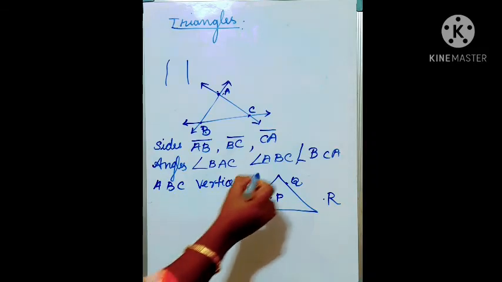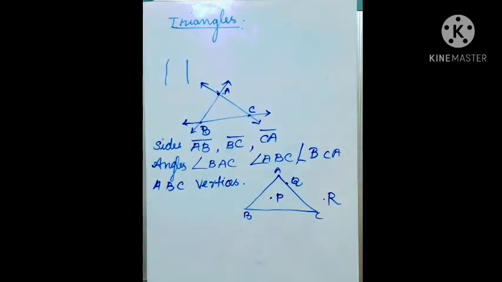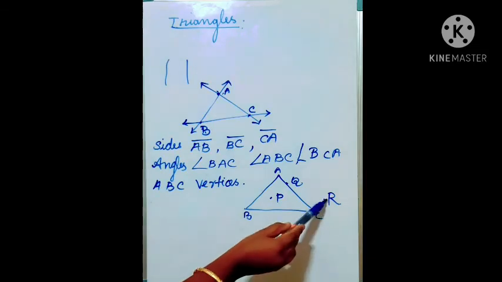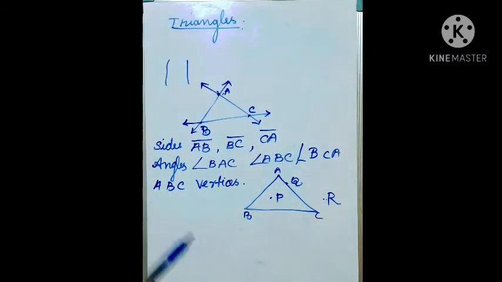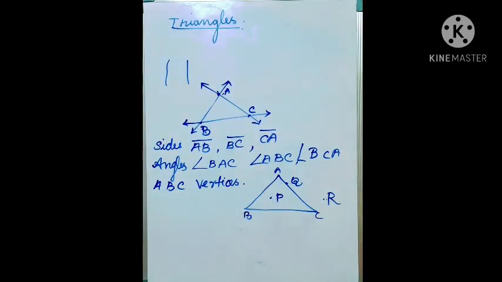If I name this triangle ABC, in the triangle ABC, what is the interior point? You can say P. What is the exterior point? R. What is the point on ABC? It is Q. Is it clear? Fine.